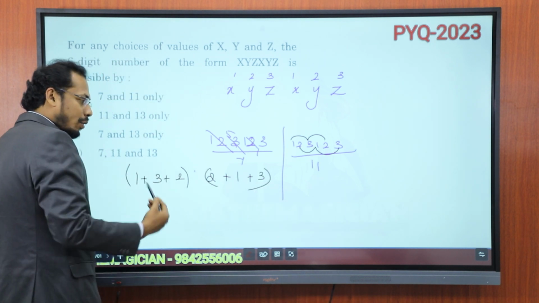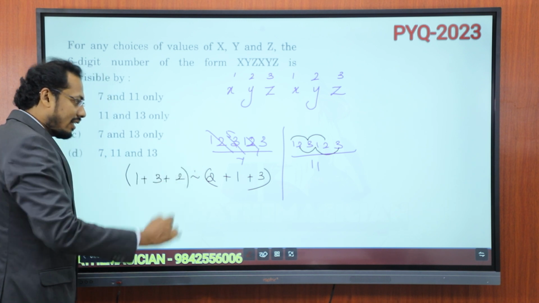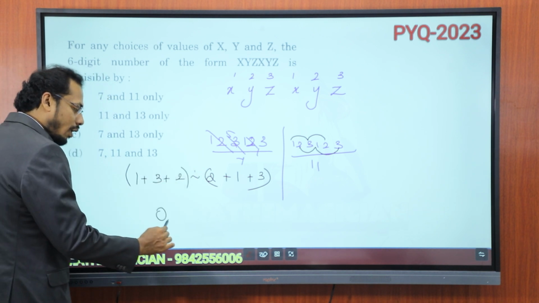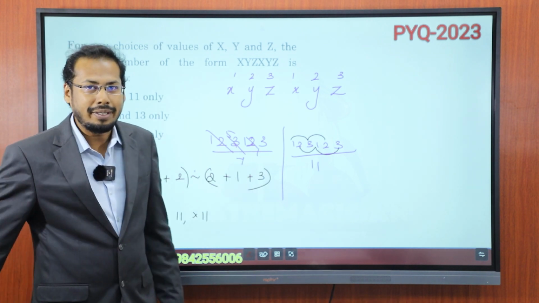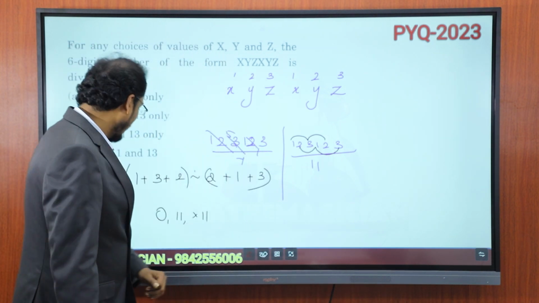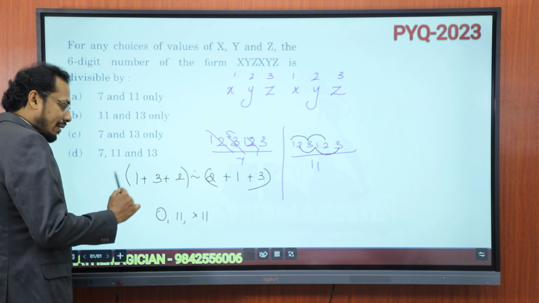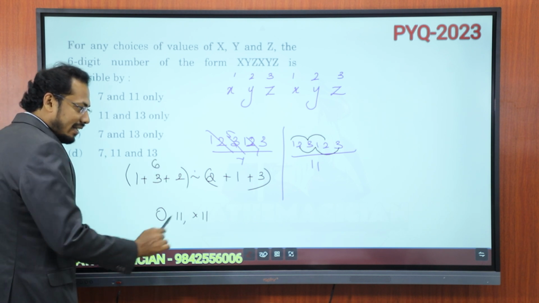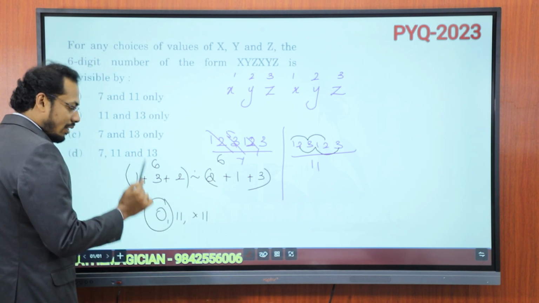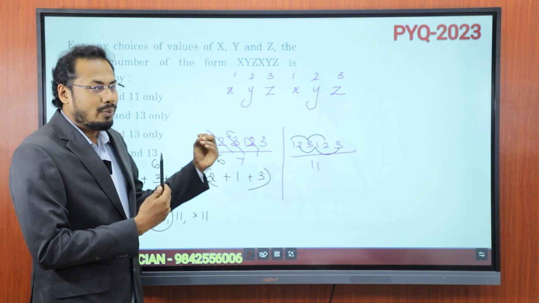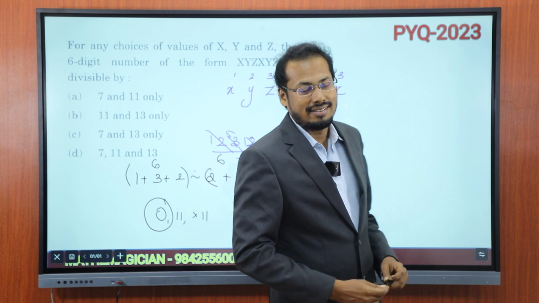Now I take the difference of both sums. If you get 0 or 11 or a multiple of 11, then the entire number is divisible by 11. So 1 plus 3 plus 2 is 6, and 2 plus 1 plus 3 is 6. 6 minus 6 is 0, so this number is divisible by 11, right.